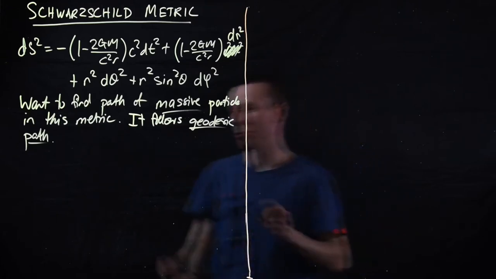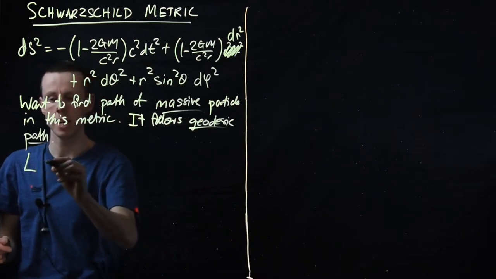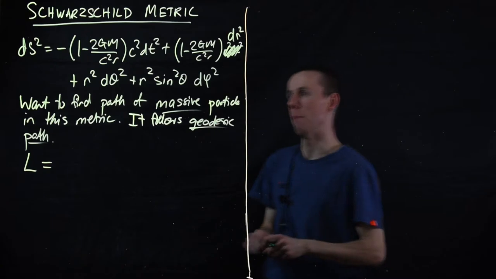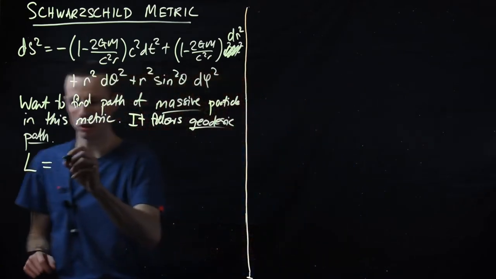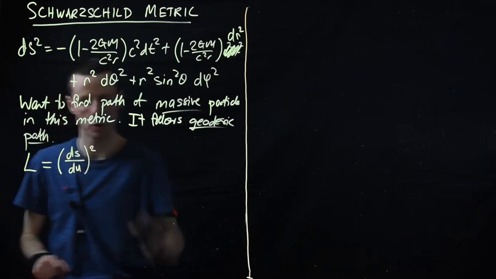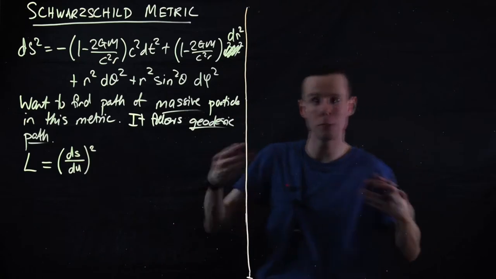So what's the first step in finding the geodesic coordinates? The first step is to find the Lagrangian. You take ds by du squared. Here u is just a parameter that's going to parameterize the path.